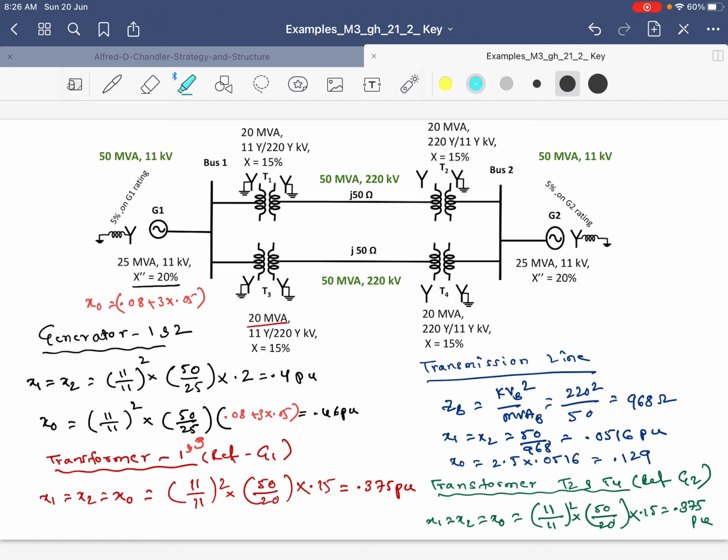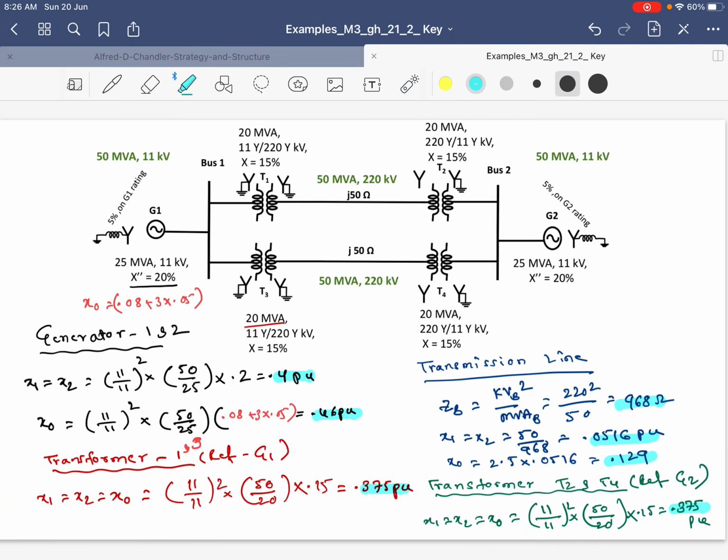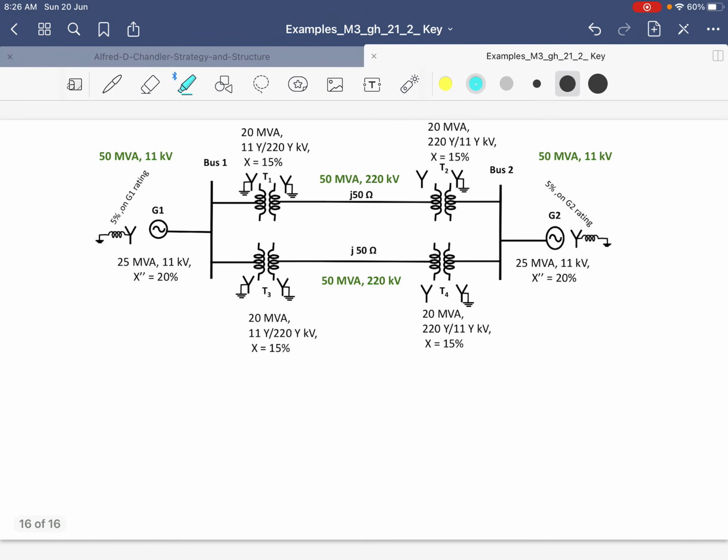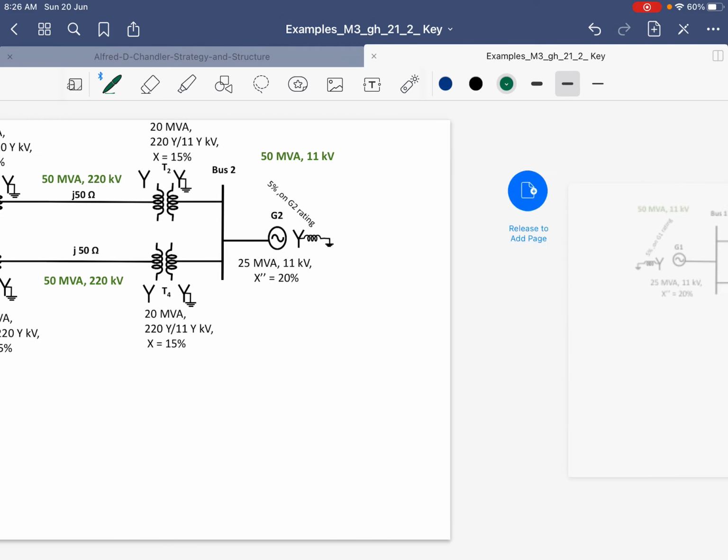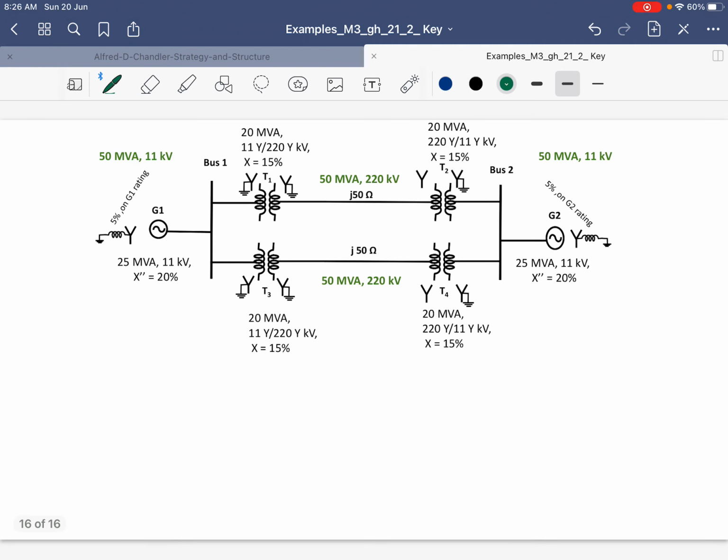All these values you have to substitute in the positive, negative and zero sequence networks. Here I am starting with the positive sequence network of the given network. First thing is you have to draw the reference line.